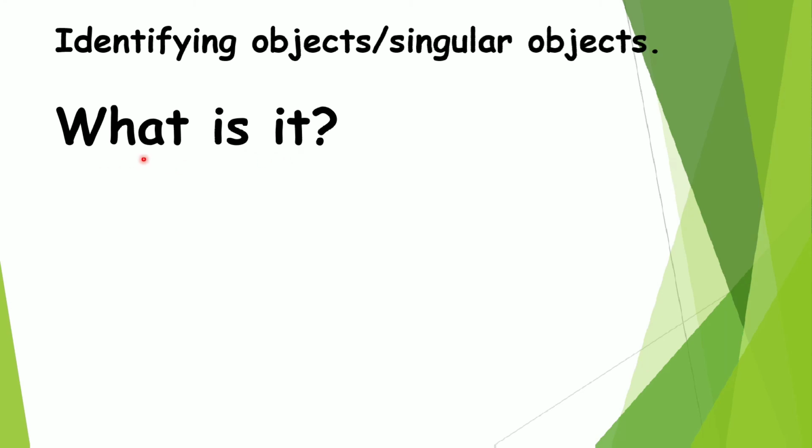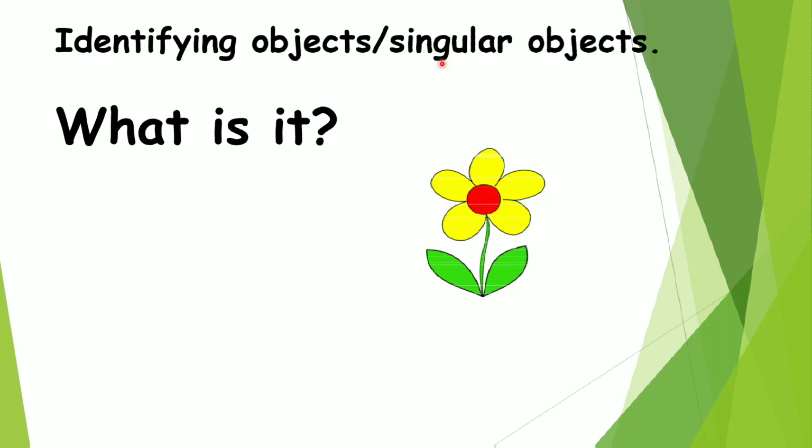This being a question, it ends with a question mark, and each and every sentence starts with a capital letter. So the question what is it helped us identify singular objects.